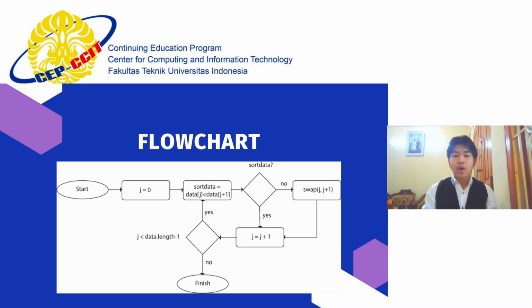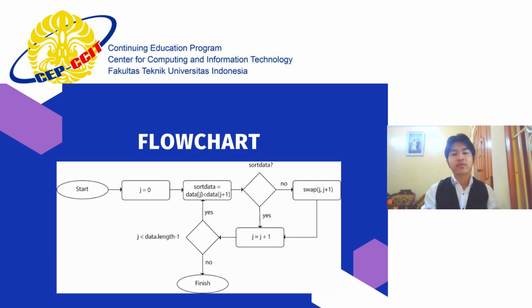If no, the numbers will swap, sorting J and J plus 1. If yes, no swap happens, and the process continues. J becomes J plus 1.